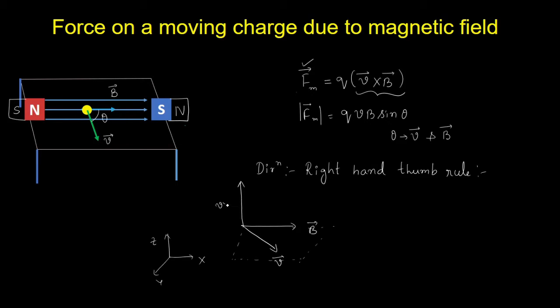So this is the direction of V cross B, and the magnetic force will be in the direction of V cross B. This is how we found the direction of the magnetic force acting on a positive charge, right? I had assumed a positive charge. Therefore, the magnetic force is taken to be upward. What if I take a negative charge?